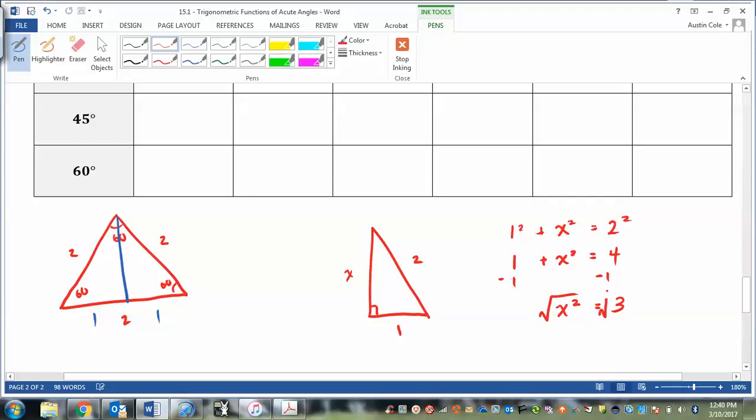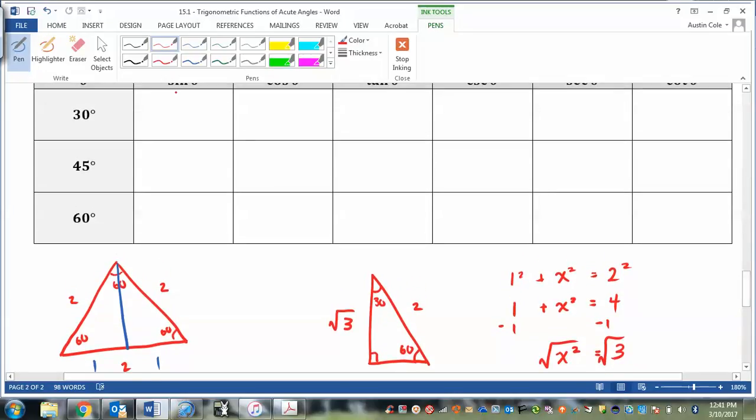Square root both sides, and so x is going to equal the square root of 3. So the height of this particular triangle is the square root of 3. So this is 30 degrees, and this is 60 degrees. Would you guys agree there? Okay. So using this, let's fill out some of this chart.